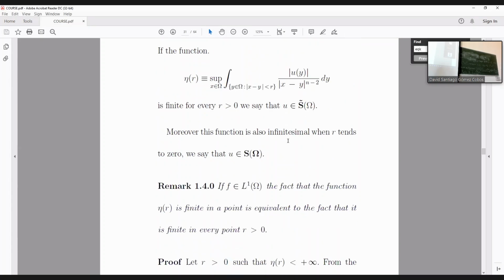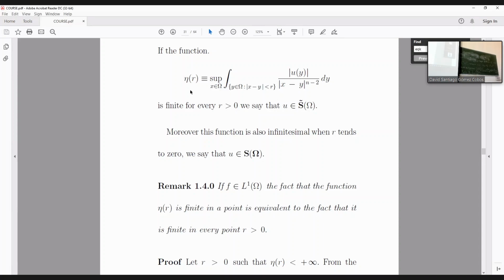So let us consider the function eta r equal to the supremum for x in omega of the integral on the set of y belonging to omega such that the absolute value of x minus y is less than r.